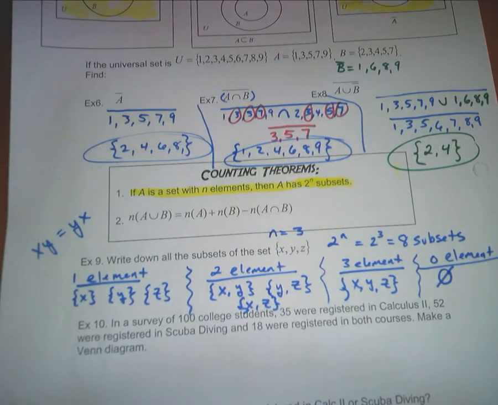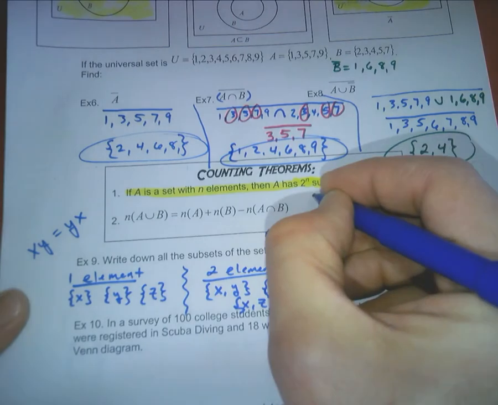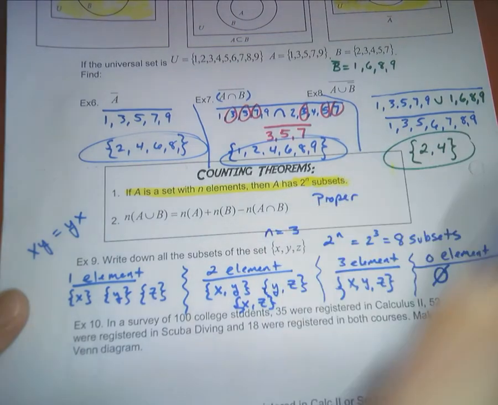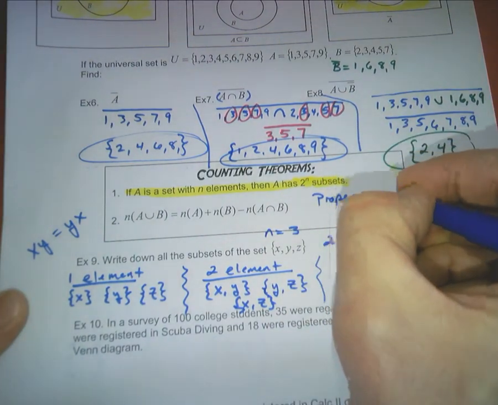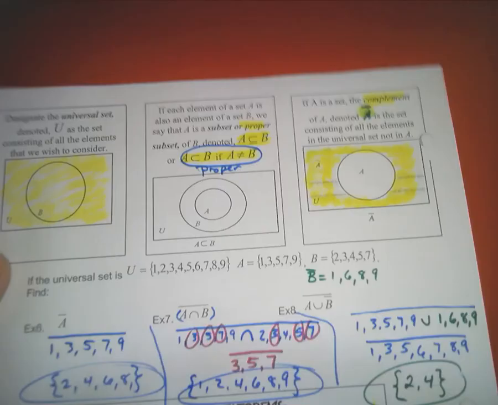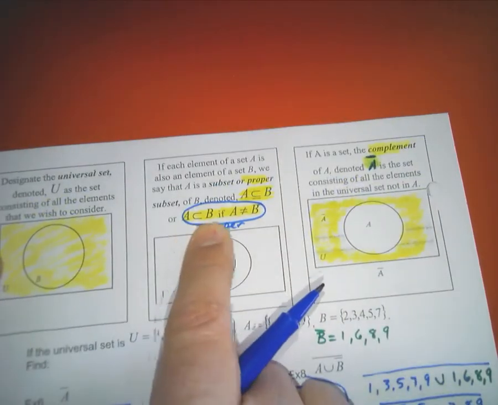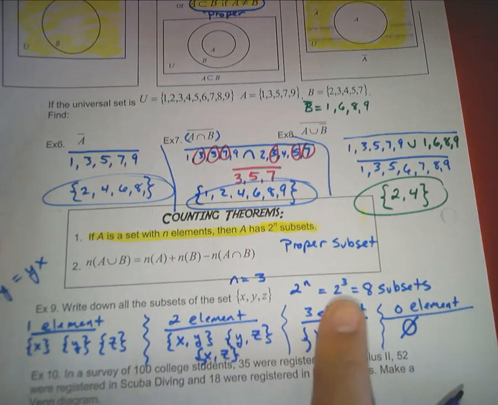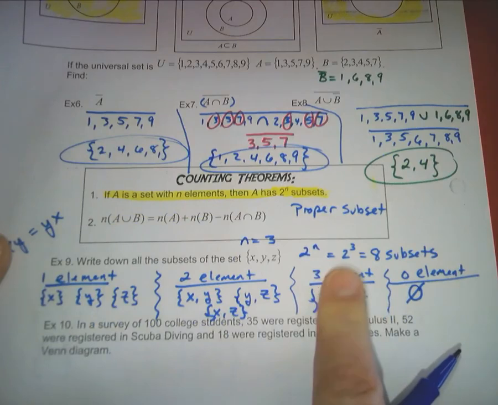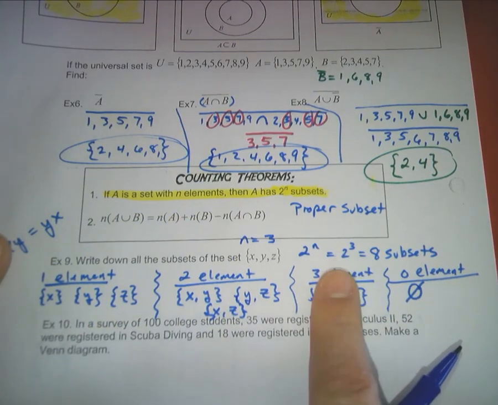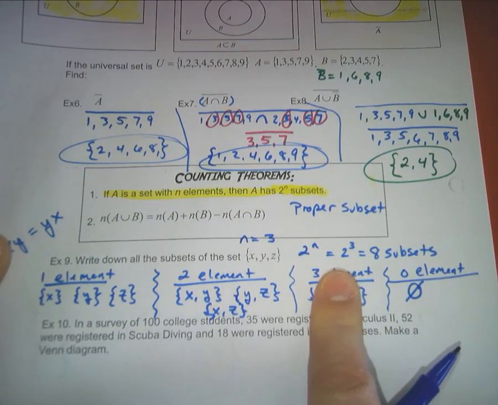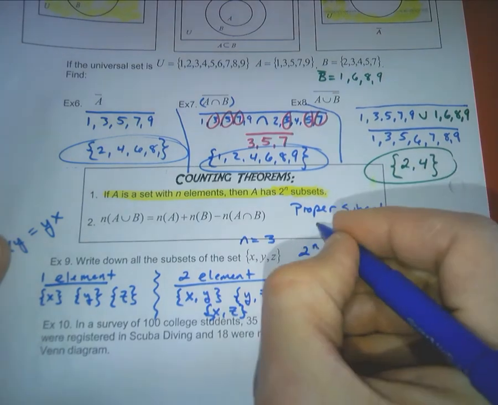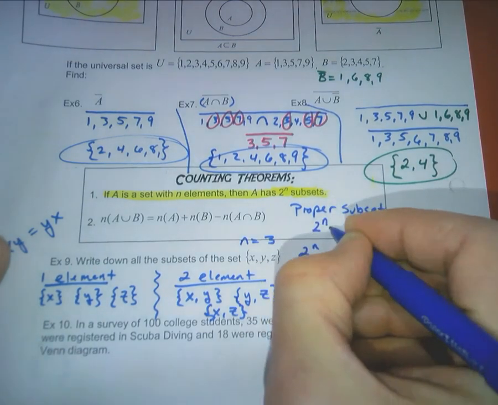Now, to answer another question, proper subset up here says that A has to be less than B and cannot be equal to B. So if they say proper subsets, you must remove the biggest one. You must remove, in this case, the 3 element one. So if there's a proper subset you're looking for, that's 2 to the n minus 1.